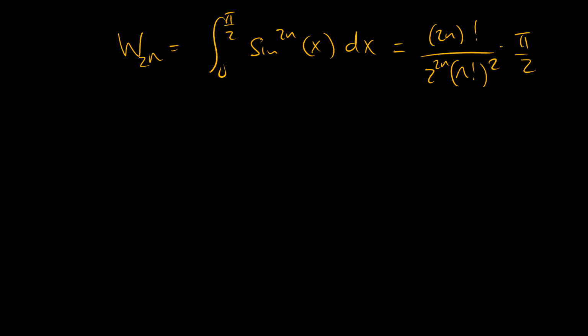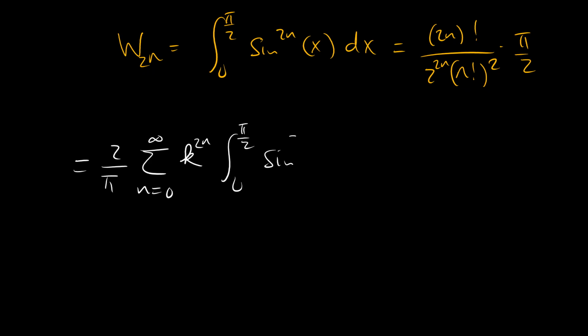So our previous problem, which we were trying to solve, is as follows. We were trying to solve it because our problem had gotten us to that: the summation from n equals 0 to infinity of k to the 2n, the integral from 0 to pi over 2 of sine to the 2n of theta.